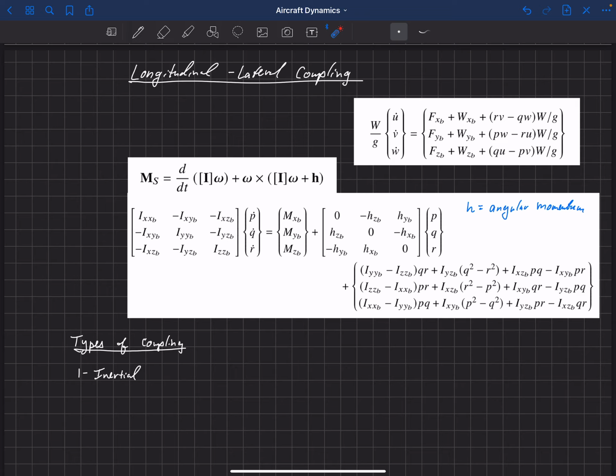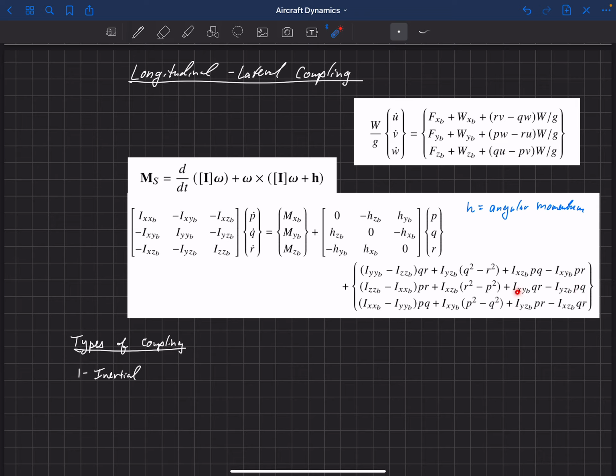Now, another place that this shows up is over here on the right-hand side. So this YZ term, for example, we had dropped in our previous development because it was symmetric, but that will show up, and we'll talk more about these types of terms in just a second. And then we also have this XY term, and we've got a YZ term right here and an XY term here.